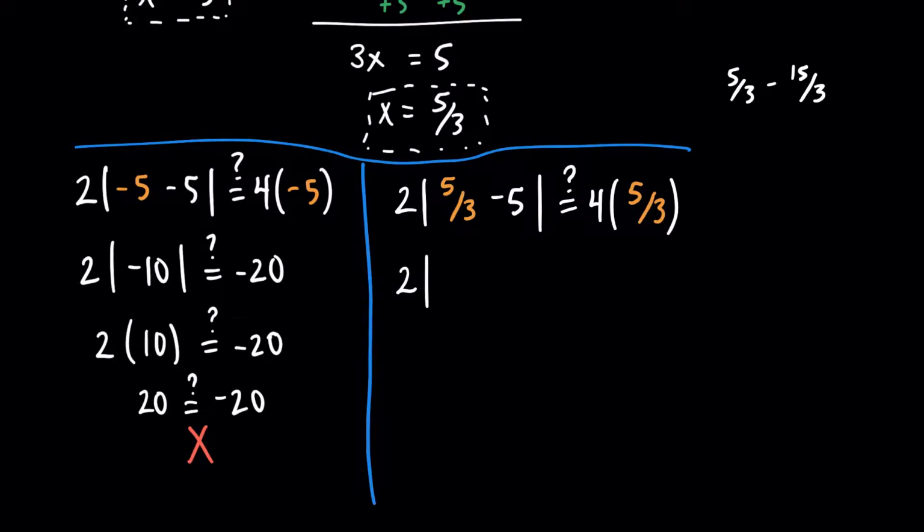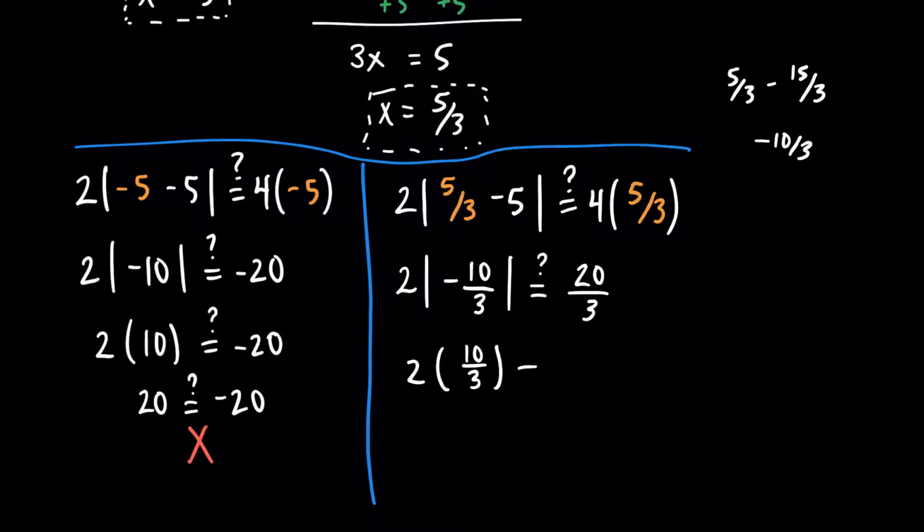So really, 5/3 minus 15/3 would be negative 10/3. So this is going to be negative 10/3 here. Supposedly that's equal to, let's see, 4 times 5/3. You can just multiply the 4 and the 5, so you get 20 over 3 here. So now we've got 2 times the absolute value of negative 10/3 is just positive 10/3. And supposedly this is equal to 20/3.